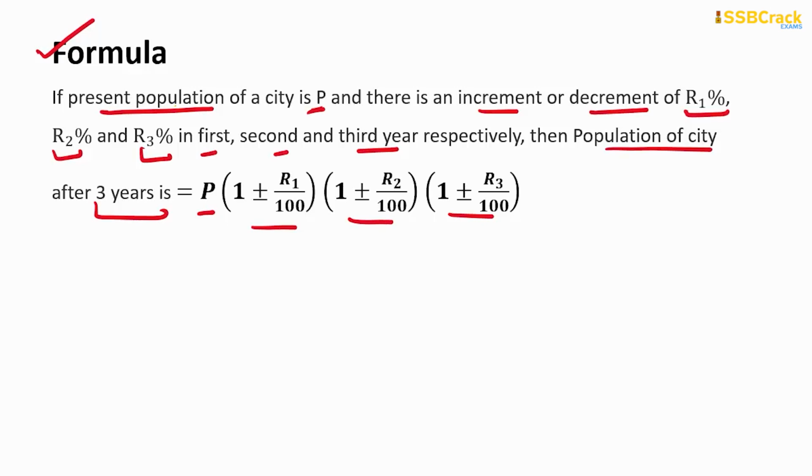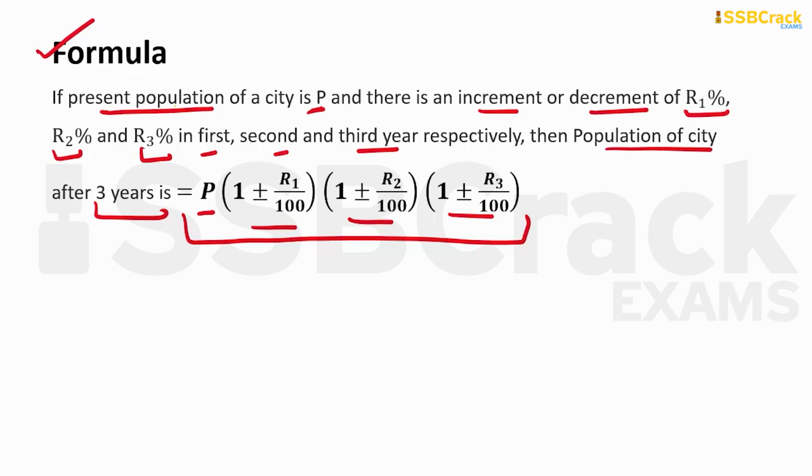So if the population is increasing or decreasing at different rates every year, then we have to use this formula of successive increase or decrease to find the population after 3 years.